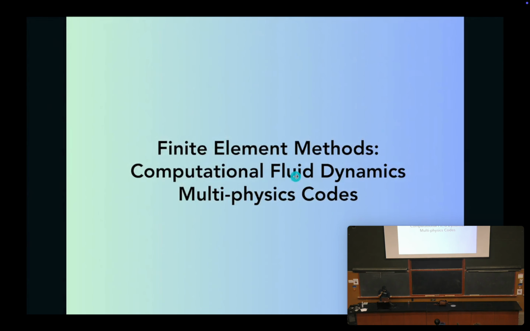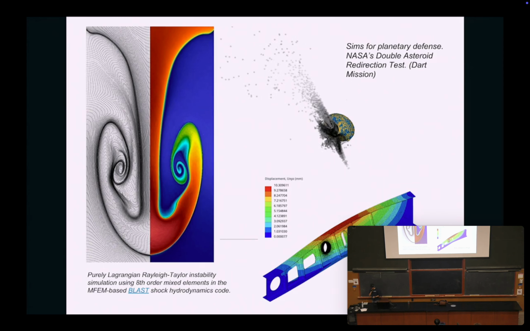All right, so here are some examples. The one on the left is like if you dropped food coloring in water. As you can see, we're trying to simulate this as accurately as possible. The one on the right, on the top, is simulating an asteroid redirection program for NASA.